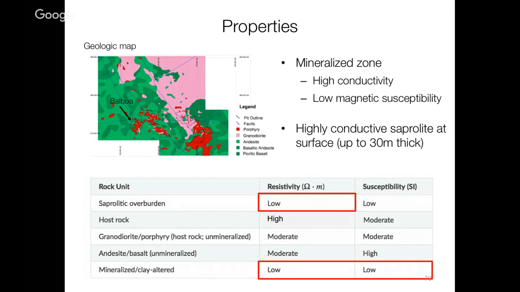And then there's this highly conductive saprolite up to 30 meters thick at the surface. So from the point of view of the things you're looking for, you've got two things that have a low resistivity, the saprolitic layer as well as the mineralized layer, so it might be challenging to discriminate between the two.